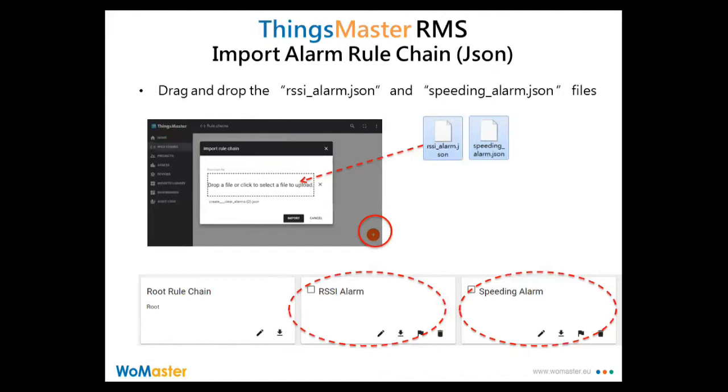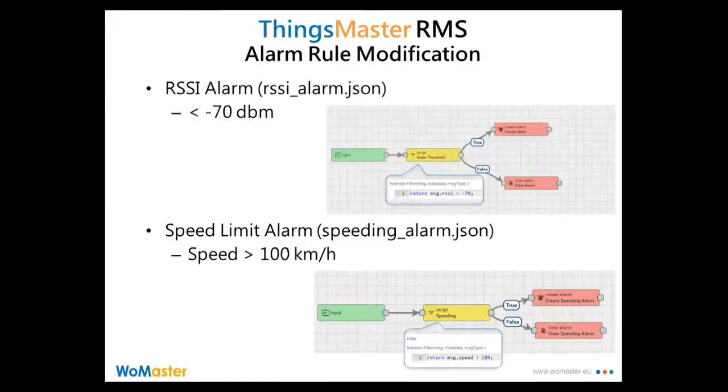Then press import. The rule will be added in. And for these two JSON files, you can just download from our website or contact our sales to get them. The RSSI alarm threshold we set as default is under -70 dBm. The speed is over 100 kilometers.